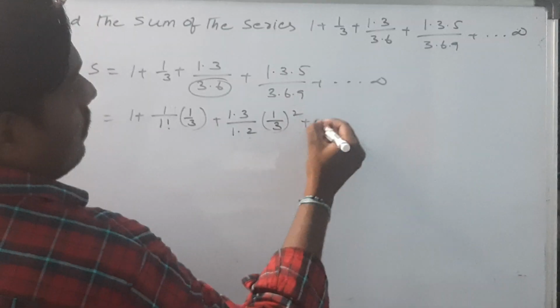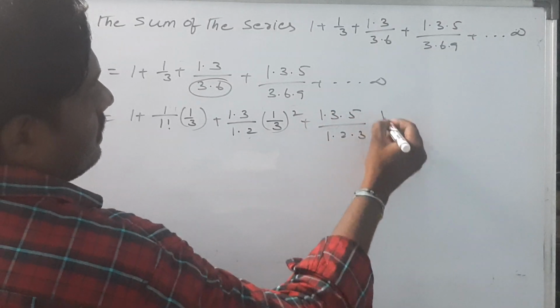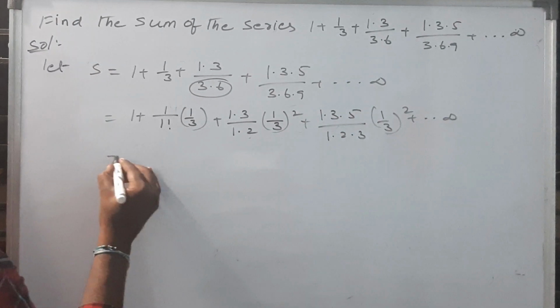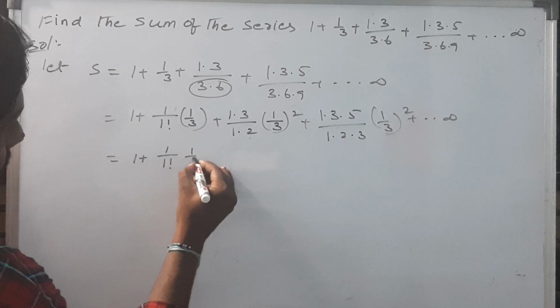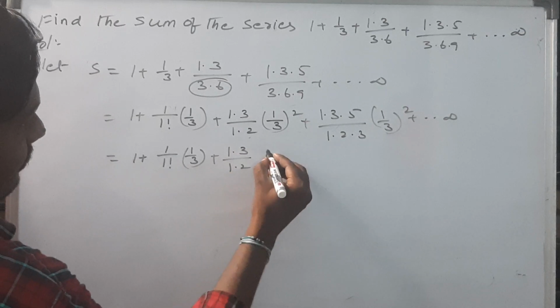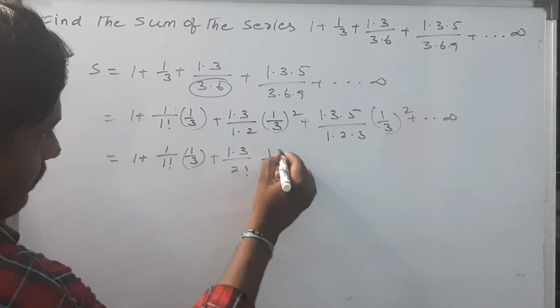Next one is 1 into 3 into 5 by 1 into 2 into 3 into 1 by 3 whole square plus and so on to infinity. That is equal to 1 plus 1 by 1 factorial into 1 by 3 plus 1 into 3 by 2 factorial into 1 by 3 whole square.